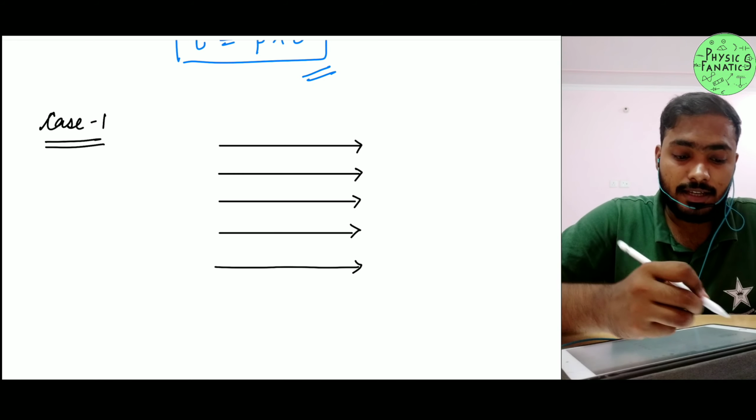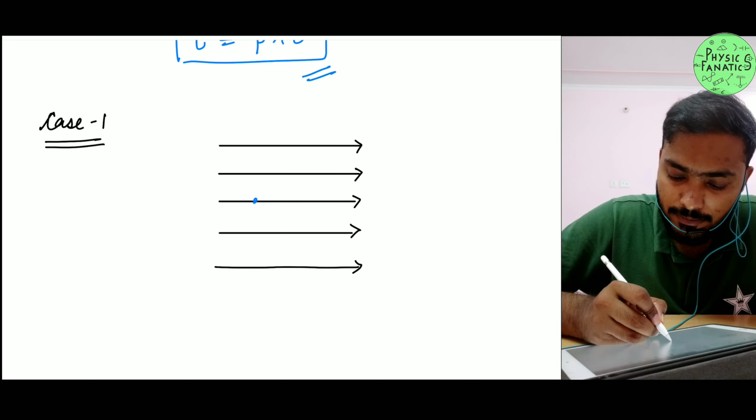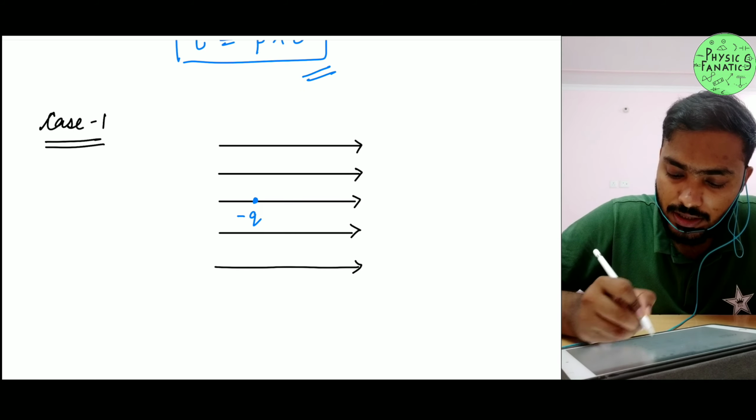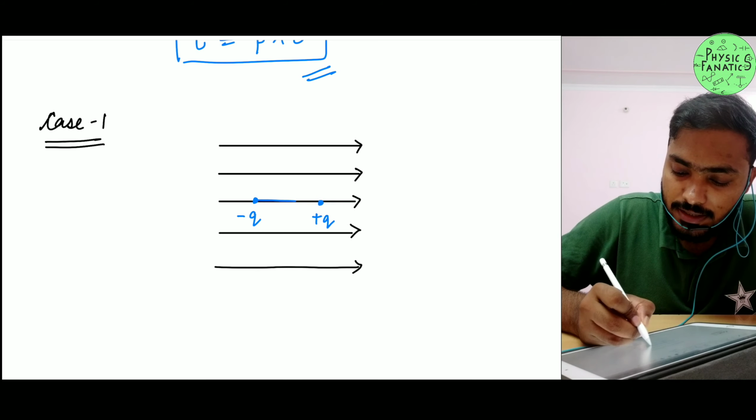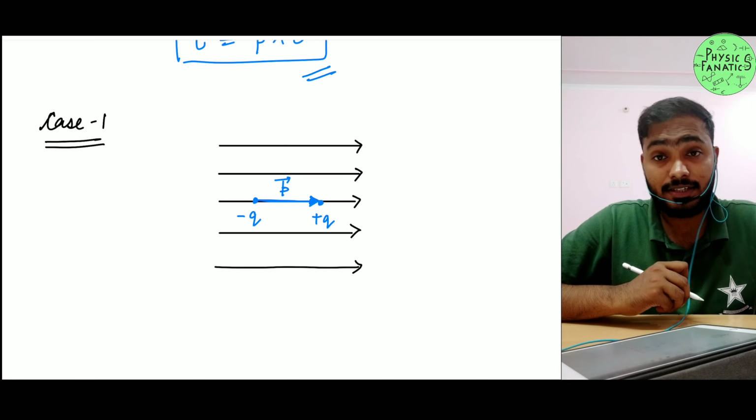Inside this, let me say I have my dipole. This is my minus q charge, this is my plus q charge. So obviously I have this dipole moment in this direction.